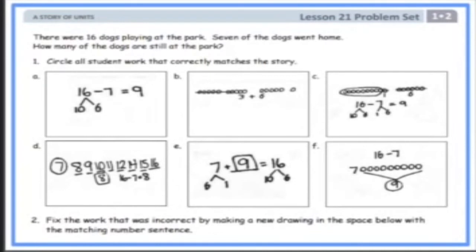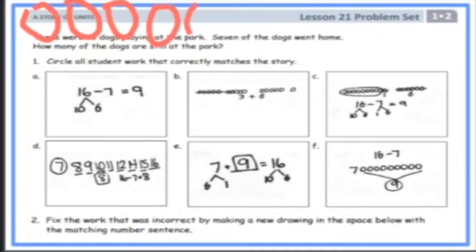Are you set? The first student here, student A, did 16 minus 7. He used take from 10 and he got 9. Is he correct? Yes, because when we count 16 and remove 7, we have 9. Let's try that. 1, 2, 3, 4, 5, 6, 7, 8, 9, 10, 11, 12, 13, 14, 15, 16.